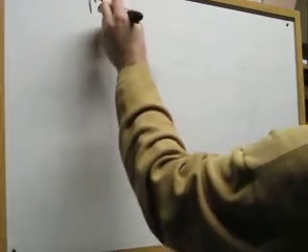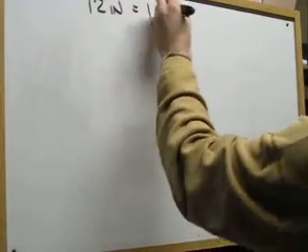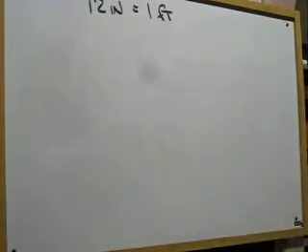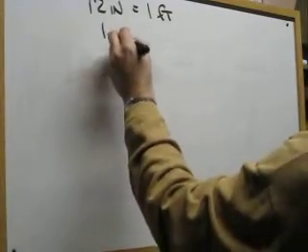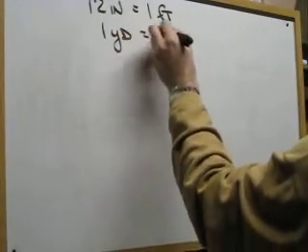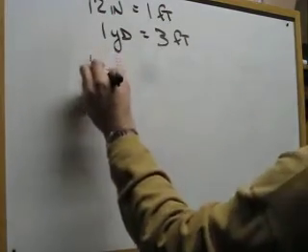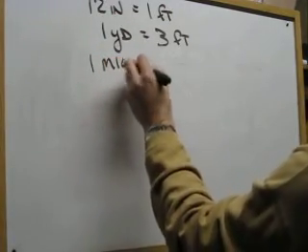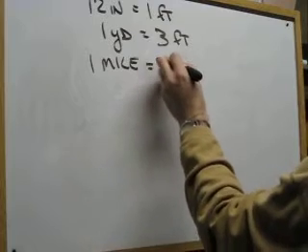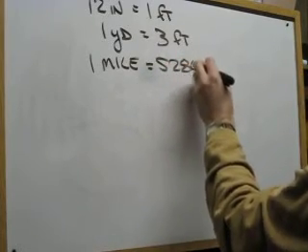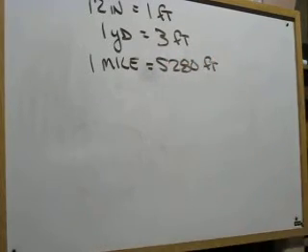If you look in the middle of page 569, there's a small table there that deals with length, and it gives you 12 inches equals 1 foot. It also gives you 1 yard, and that is equal to 3 feet. And then finally it gives you 1 mile, which equals 5,280 feet.